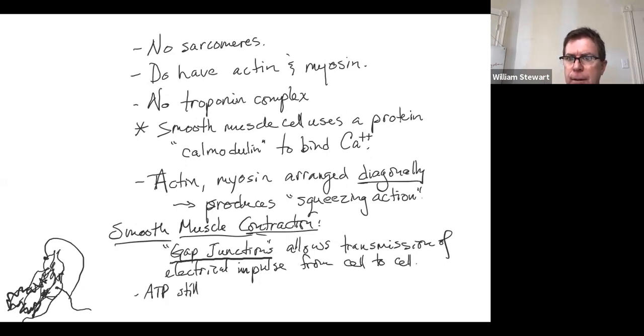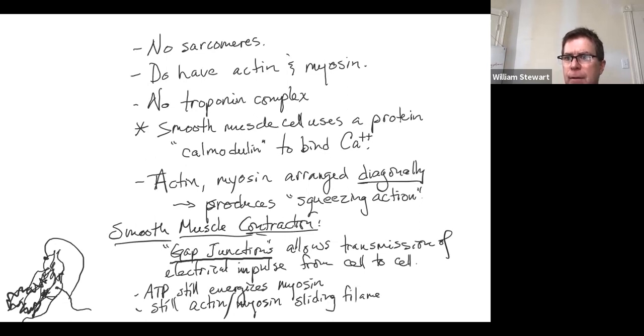So I'm just going to write ATP still energizes myosin. That's where the myosin head gains its energy to pull actin. When calcium flows inside of a smooth muscle cell, it triggers the sliding filament theory to happen. So there is still an actin myosin sliding filament action.